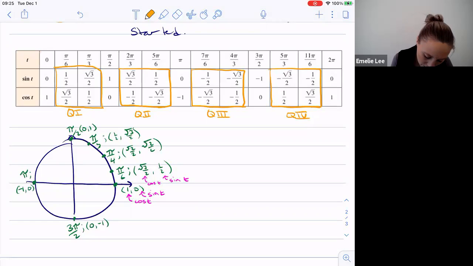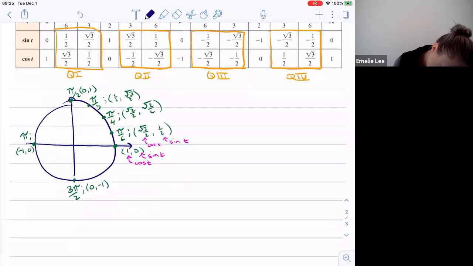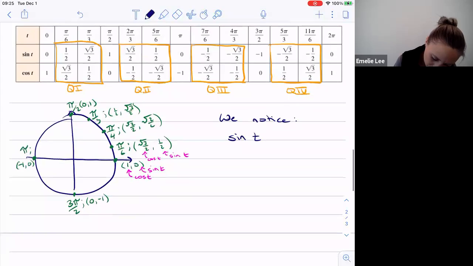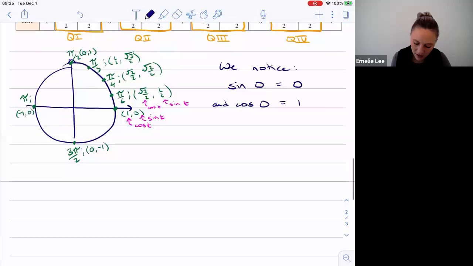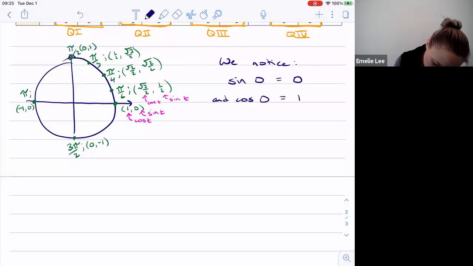So what this means is that we notice that sine of 0 equals 0, and cos of 0 equals 1. So these tell us our starting points for sine and cosine.